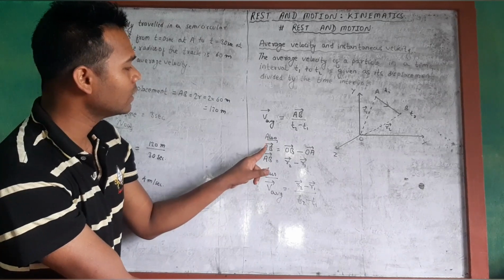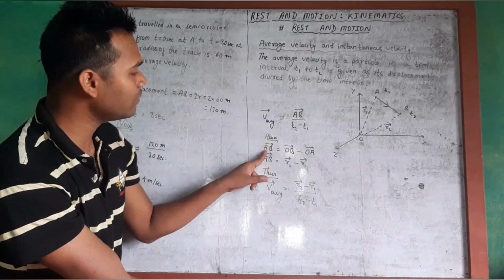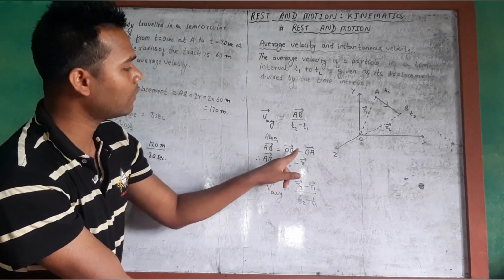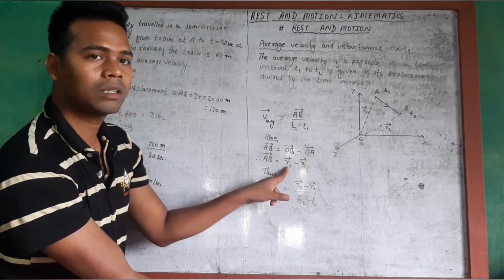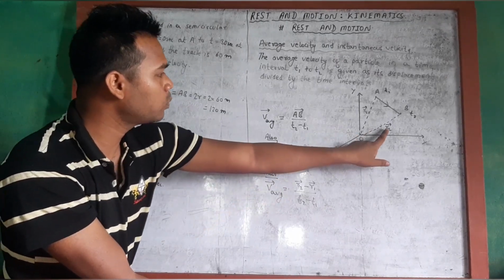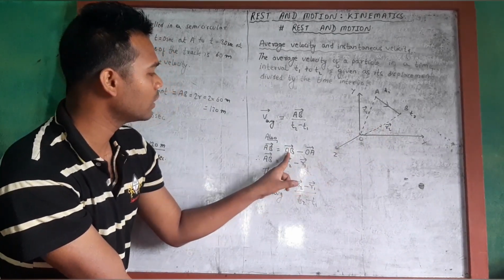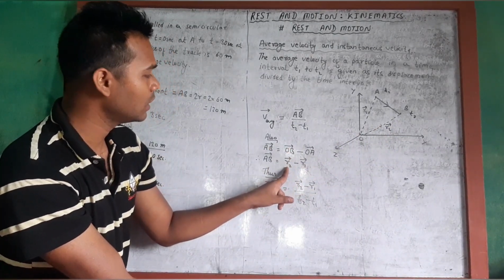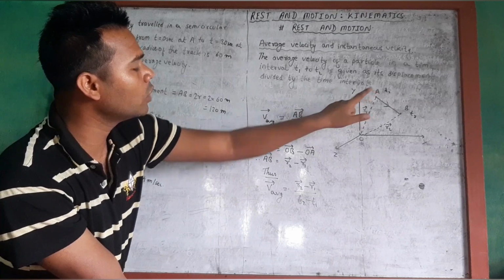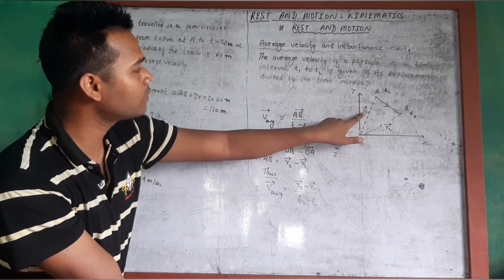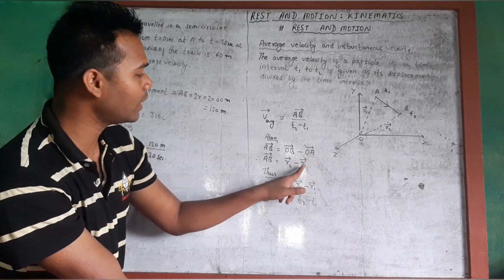Also here in the figure, if we apply the vector rule, then we can find the AB vector to be the OB vector minus the OA vector. Here the OB vector is simply the position vector of point B. Let this position vector of point B, that is the OB vector, be denoted by R2 vector. Therefore we have replaced the OB vector by the R2 vector, and here OA is simply the position vector of point A. Here the OA vector is represented by R1 vector.